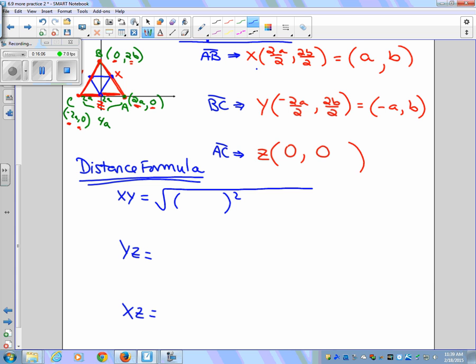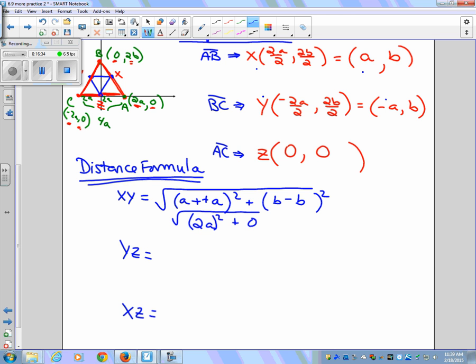XY, that's here to here. So we subtract the x's, a minus a negative a, which is plus a positive, and subtract the y's, b minus b. Well, a minus a negative a is a plus a. What's that? 2a squared plus, this is just 0.